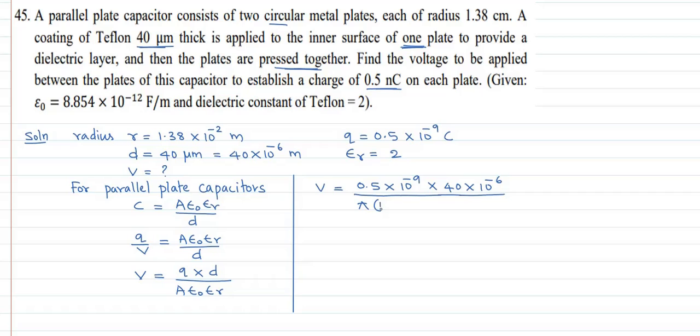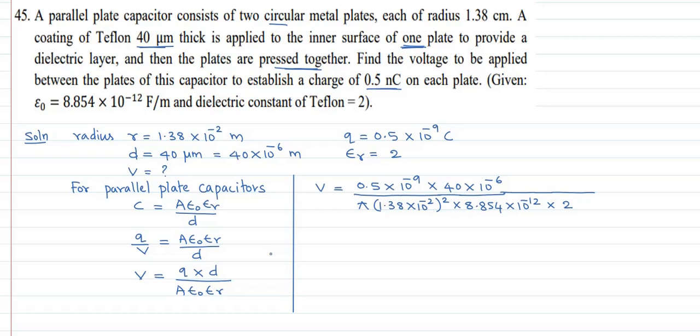Pi into r, 1.38 into 10 raised to minus 2 bracket square, into epsilon naught, 8.854 into 10 raised to minus 12, into epsilon r, which is 2.